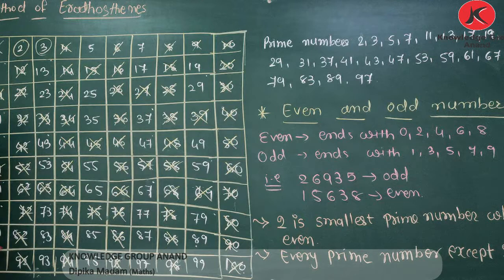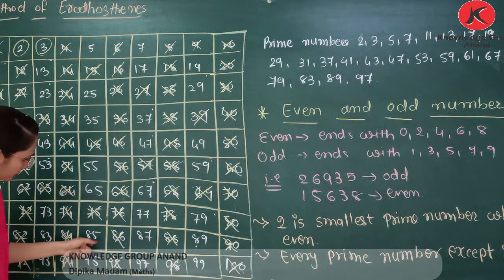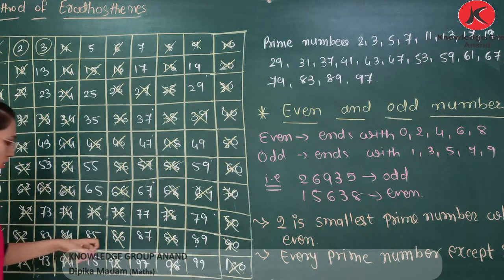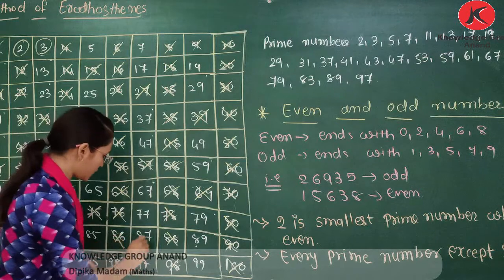81, yes, 81 is divisible by 3. 85, no, not there. 87, yes, it is divisible by 3.